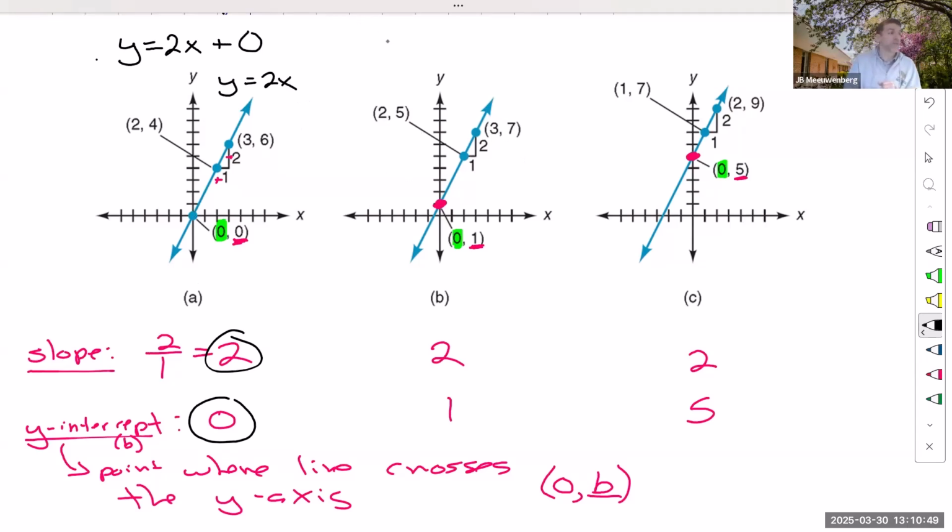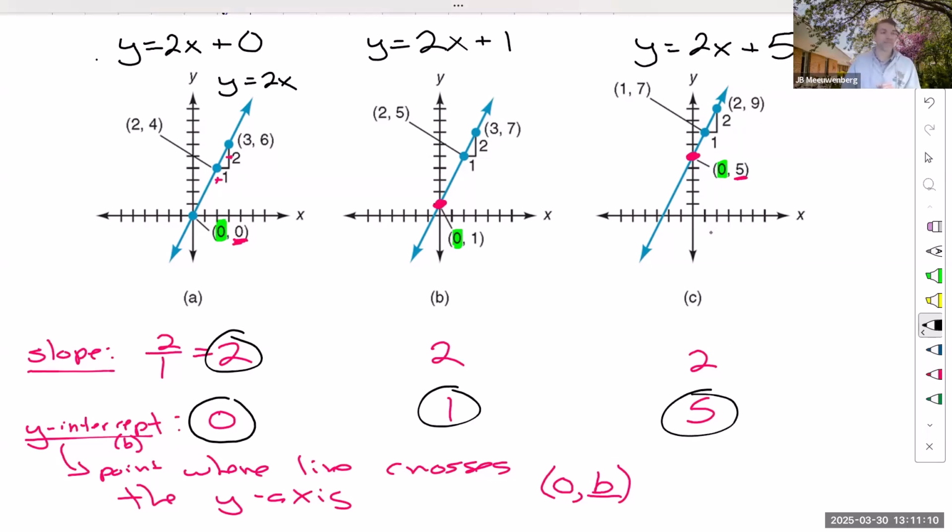For this middle equation, it's y equals 2 for the slope times x, but now we have a y-intercept of 1, so it's y equals 2x plus 1. The third equation is y equals 2x again, but plus a y-intercept of 5. And again, every point along this line would then be a solution to this equation.